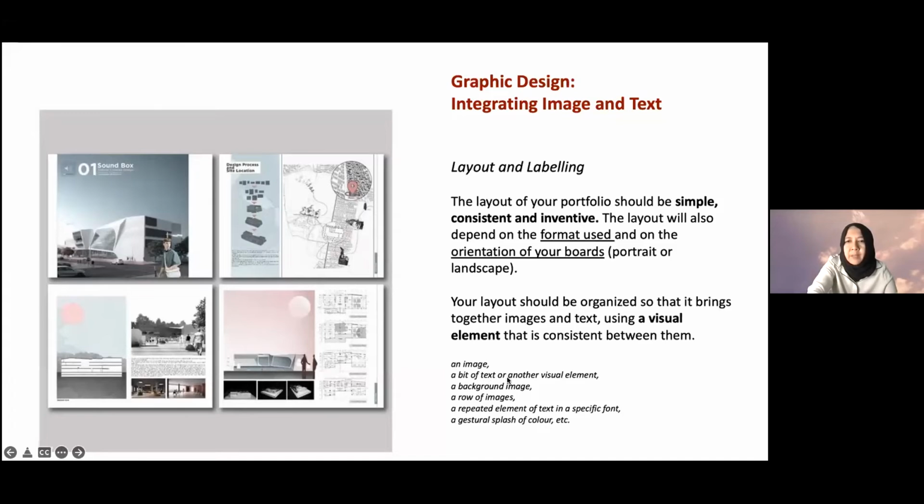And then a bit of text or another visual element like here, the color. The pink color appears in the third and the fourth, and also in the second. And then the grayish mint also appears on almost each page. So it is an example of a visual element.